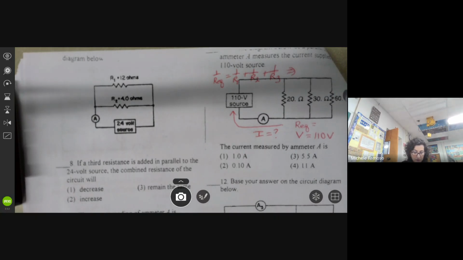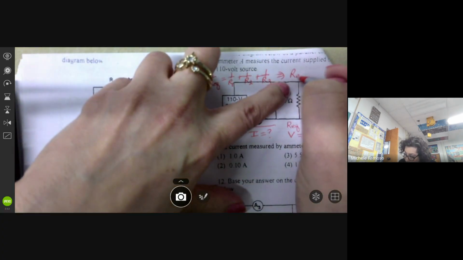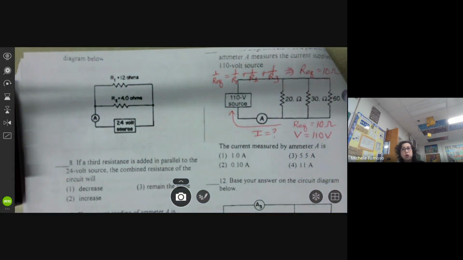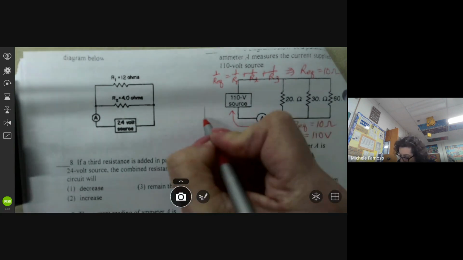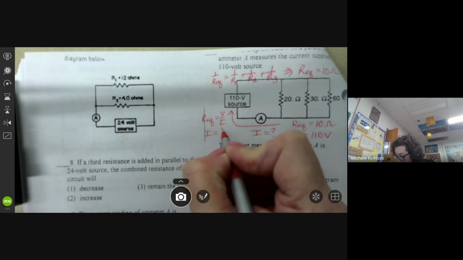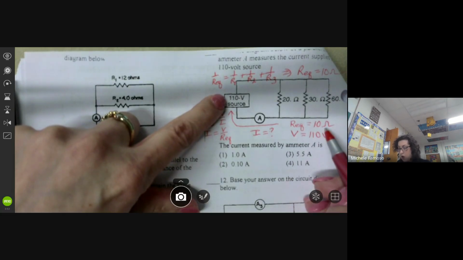So if I work that out with 20, 30, and 60 ohms, I get an equivalent resistance of 10 ohms. So the Req is 10 ohms. Now I can get the current using Ohm's law, where Req is V over I, so I is V over Req. That would be 110 over 10.